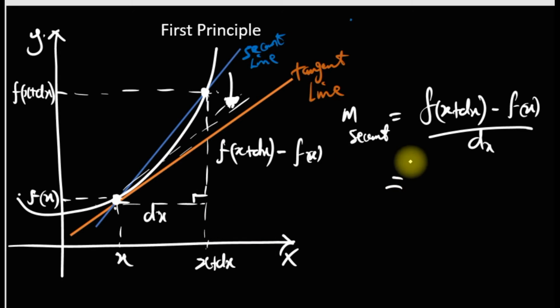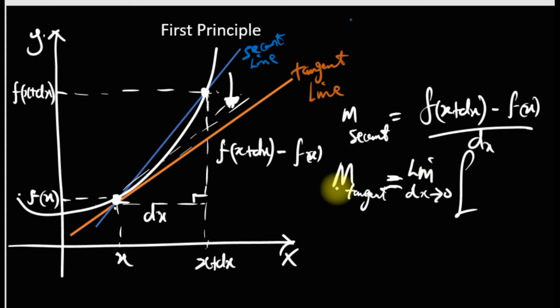So at that point, we say that dx is going down to 0. We now introduce what we call the limit of a curve as it approaches a particular point. The dx will always be going down to 0, closing up. So this is now the slope of our tangent line, which is the limit of the slope of the secant line, f of x plus dx minus f of x over dx.